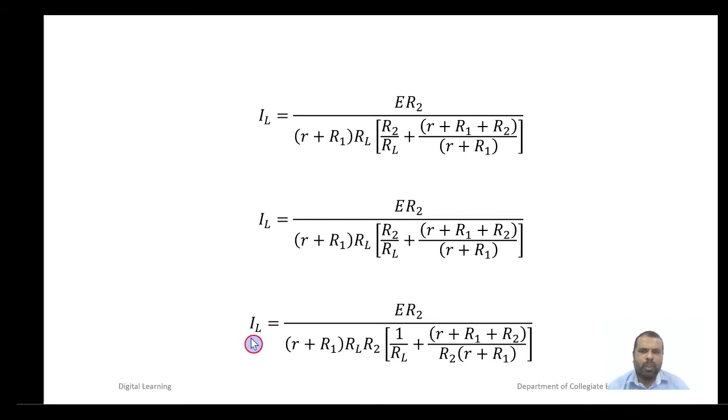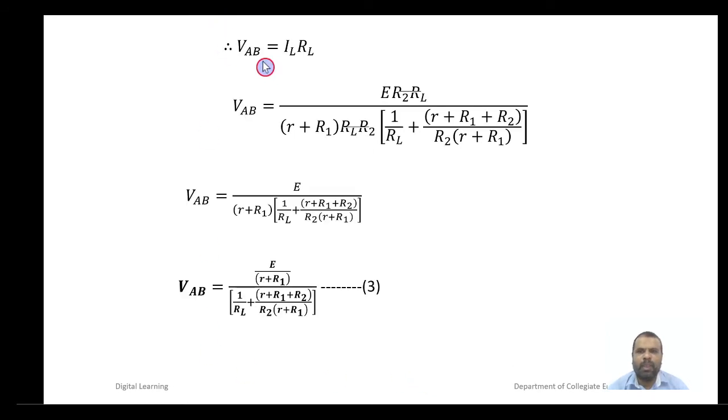Now, the above equation can also be written as IL is equal to E R2 divided by (r + R1) RL R2 [1/RL + (r + R1 + R2) divided by R2 (r + R1)].